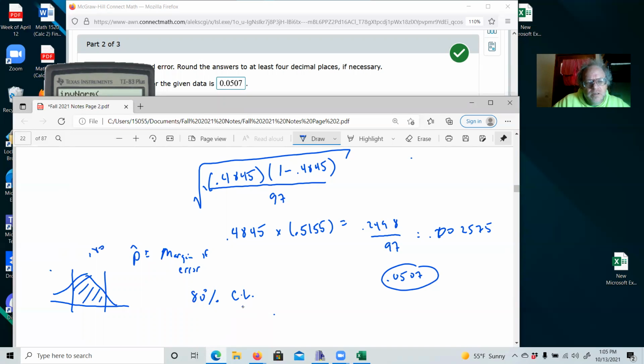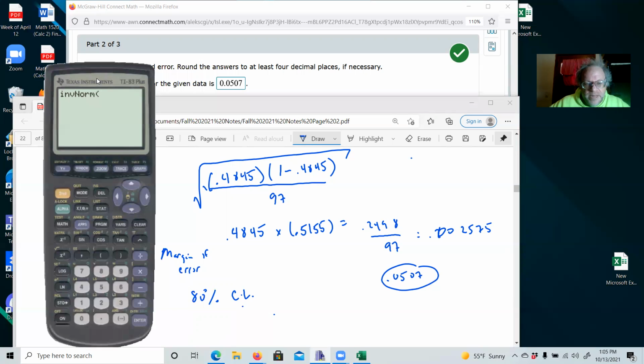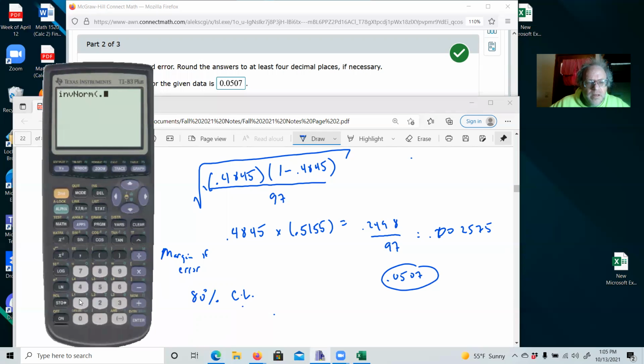What's left over is 0.10 on each side. So we need 0.1, and then the mean 0 and the standard deviation of 1. So my confidence coefficient is 1.28.